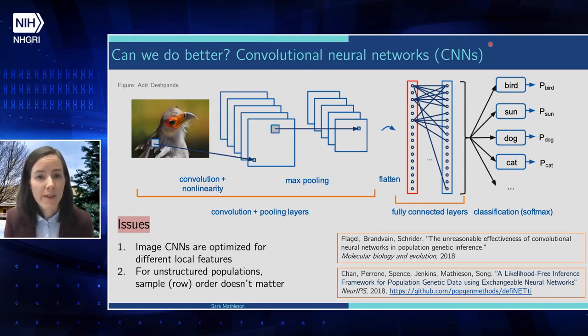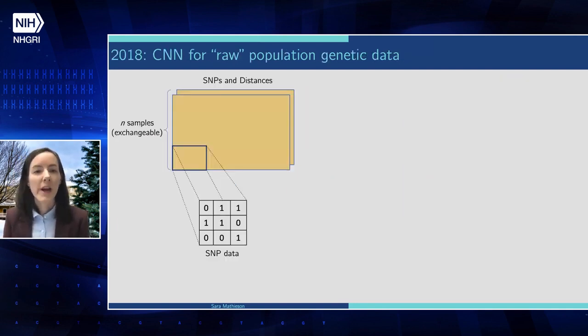So there are a few methods during this time that worked on CNNs for genetics, and I'll focus on this second one, where we were trying to create an architecture that would actually respect some of the properties of the underlying data. So for this, we looked at our raw data as, again, a series of zeros and ones in a matrix, but the samples or the rows are now exchangeable.